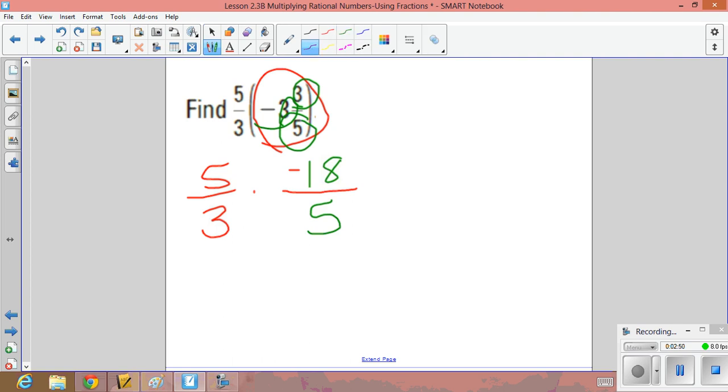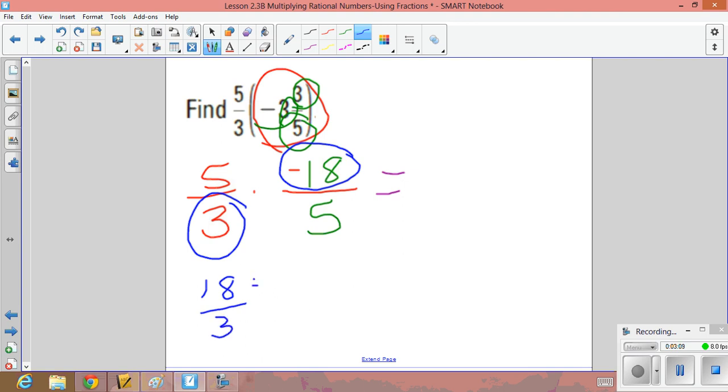Now we're going to combine these into one denominator. Or we can do something called cross reducing. If you take a look at this 18 and this 3, let's assume for a minute I had 18 over 3.